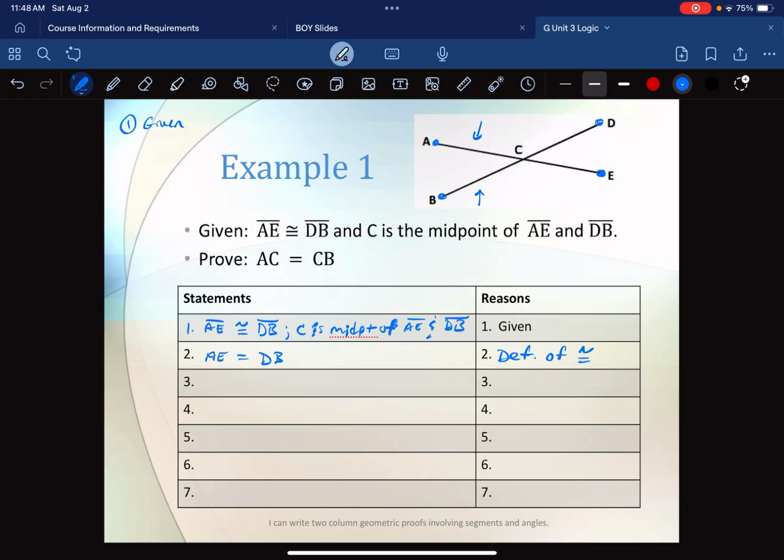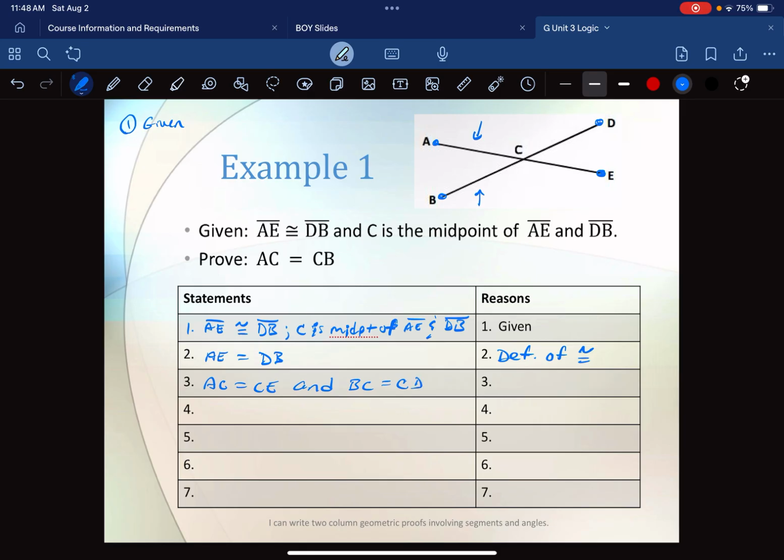So I can write that AC equals CE, and I can write that BC equals CD, okay?